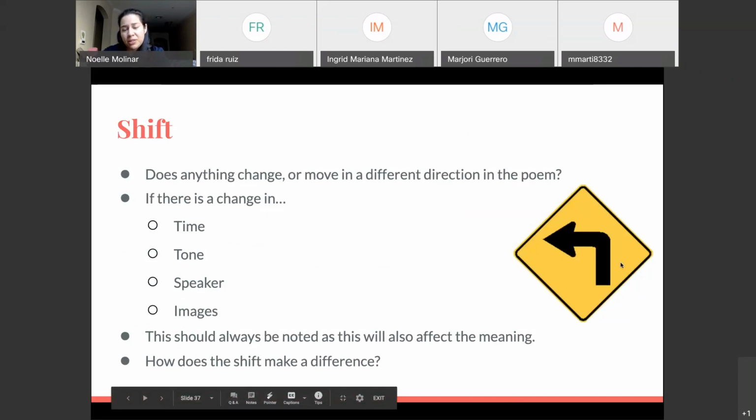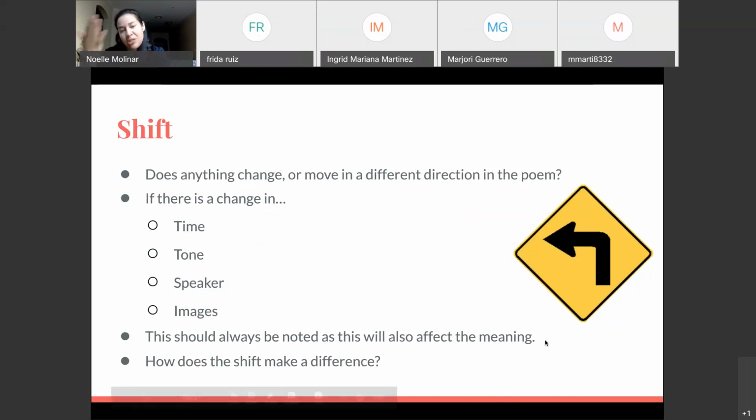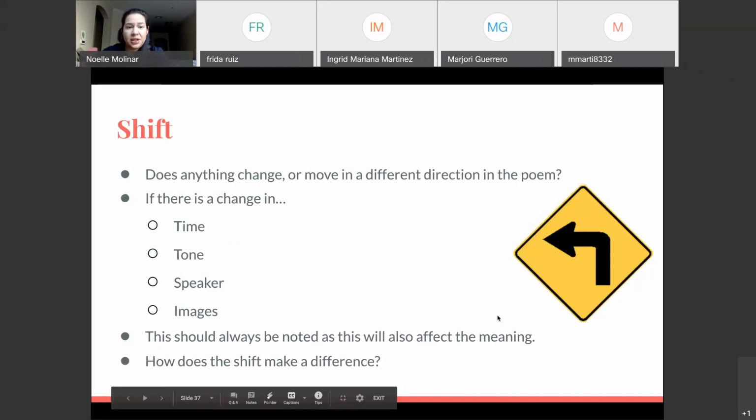And so I put a road sign here because that's kind of how I imagine it in my head. You're going down one path, down one street, and then all of a sudden you turn. So of course, if you think your meaning is going this way and then you turn, it affects the meaning. And how does a shift make a difference?